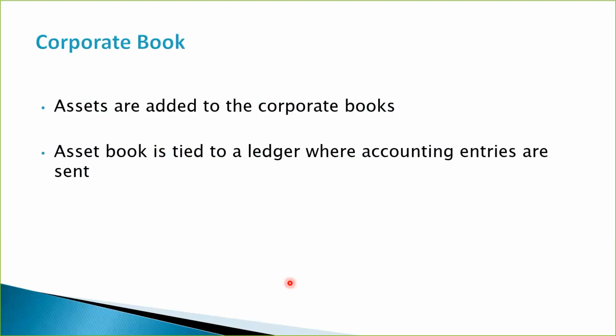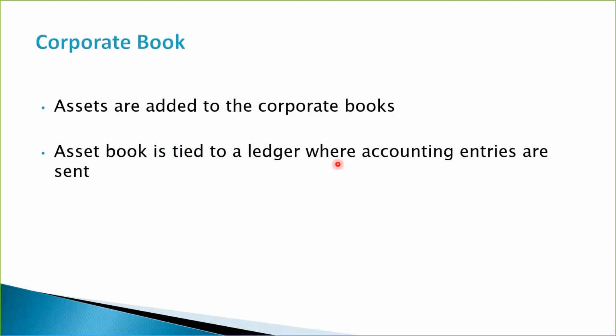So in order to have a functioning FA module, at least one corporate book has to be in place or created. It says here asset book; this should be corporate book. It's tied to a ledger, and that is the ledger where the accounting entries are sent. So what accounting entries are we talking about? Depreciation entries that you run every period will be sent to that ledger.